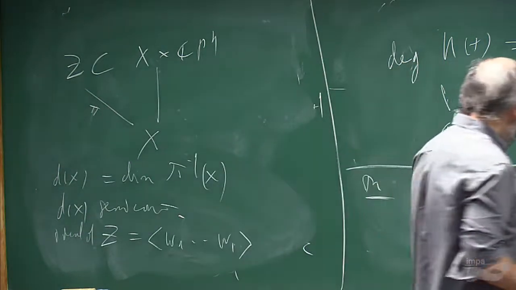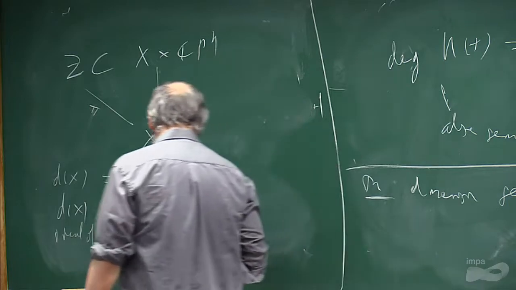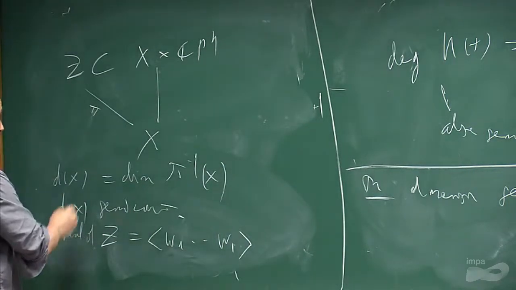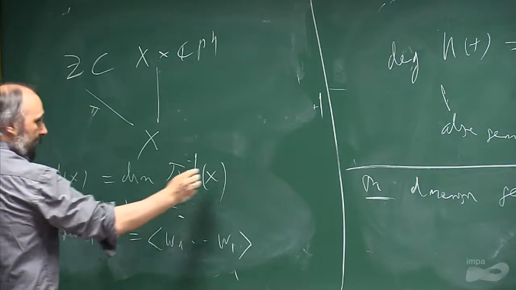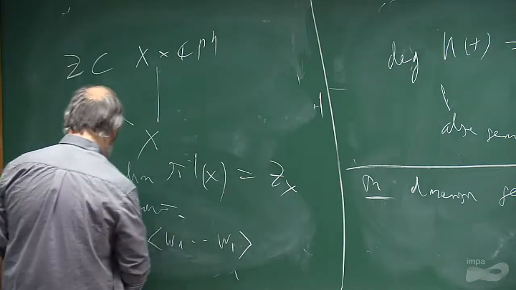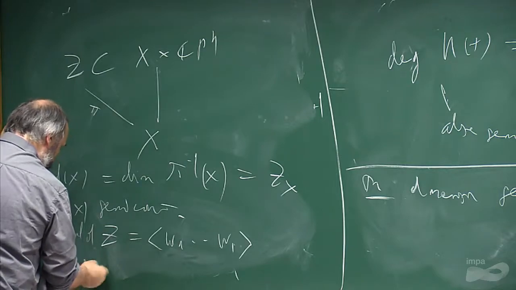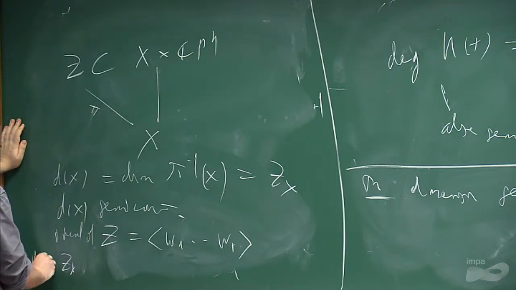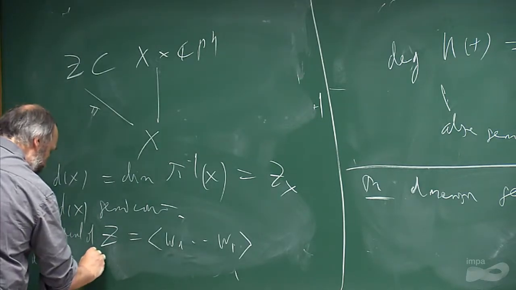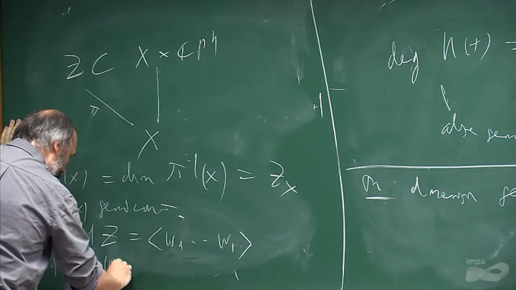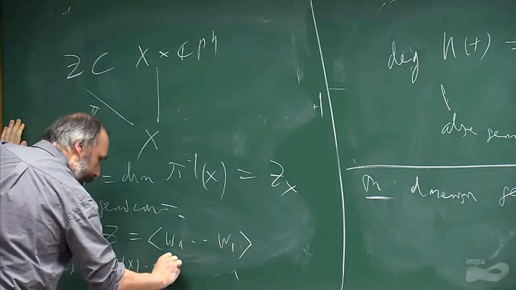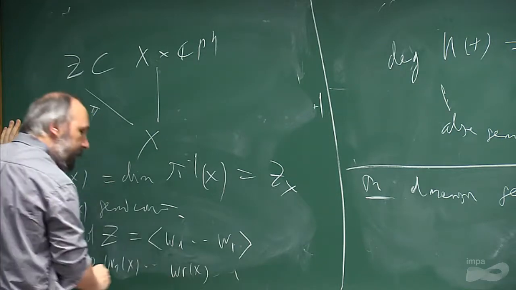Then what we obtain is that this set pi inverse of x, let's call it Zx, has ideal precisely w1 of x through wr of x.